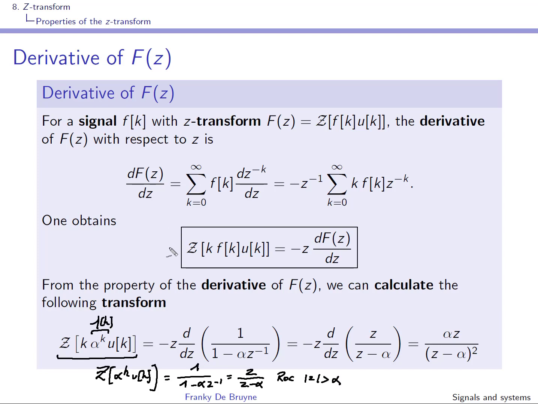So we can use this property over here to obtain this z transform. So it's minus z times the derivative of F of z over here with respect to z.